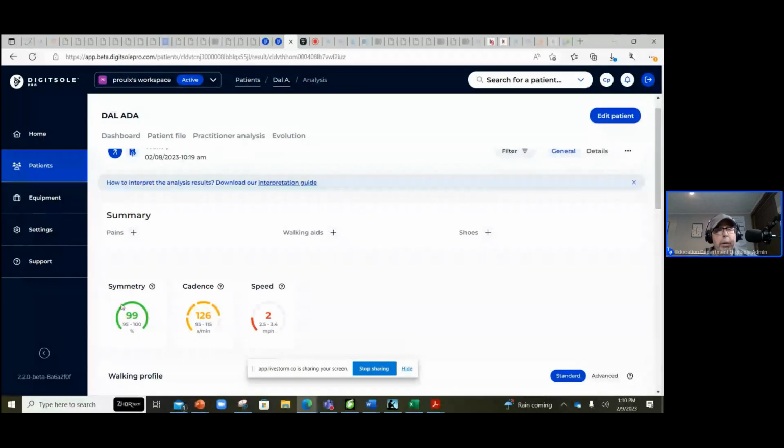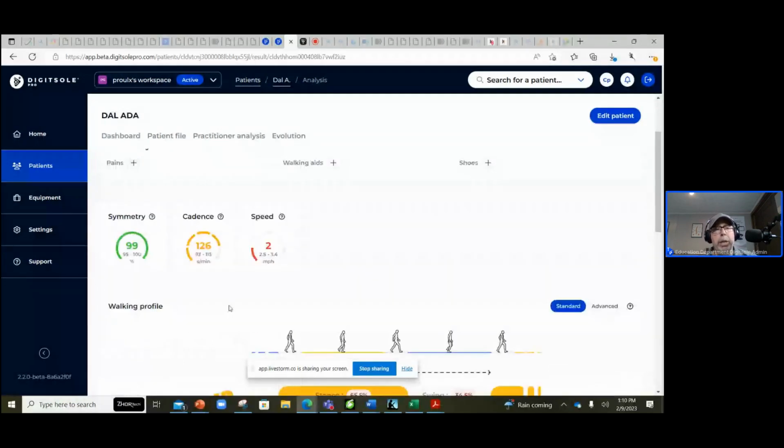The main part here on this dashboard is that we see symmetry, cadence, and speed. I've already talked about speed. Now he's low at a slow walking speed because I did that on purpose, and I'll tell you more about the patient as we move along. I wanted to start him off at 2 miles per hour because most people should be able to handle that. The downside is I do not get to see what his normal comfortable speed might be.